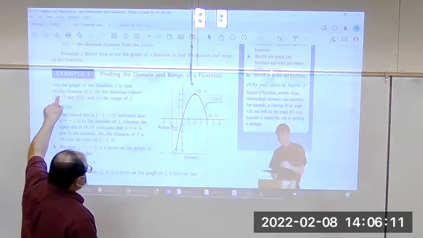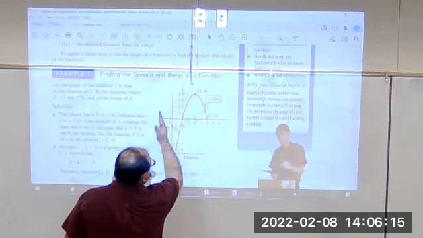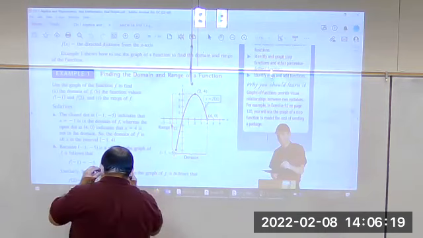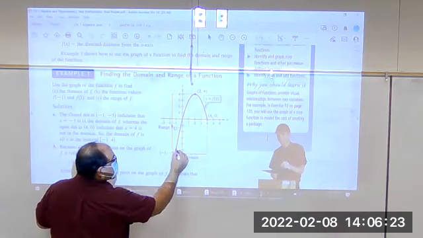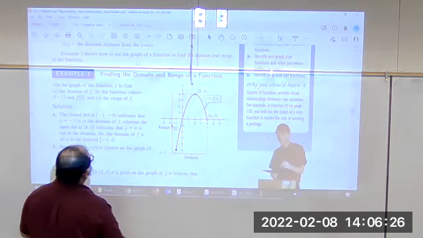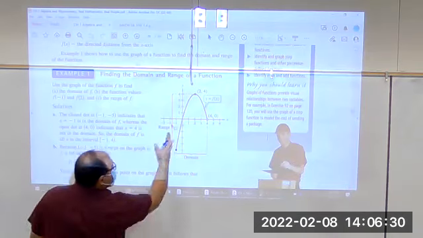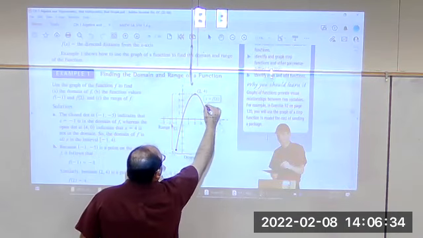So domain. Our graph on the x-axis starts here at x equals -1, and the most important thing is your graph is giving you a solid circle, closed circle, closed dot. And then as you go from left to right, domain is the x. It goes up, it comes down.